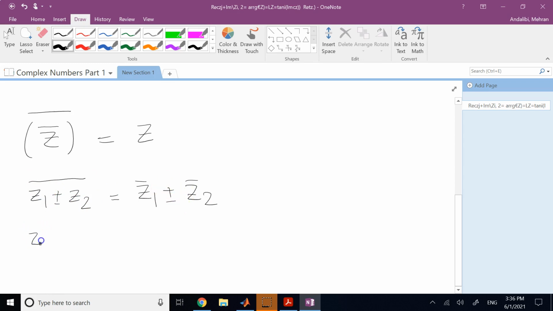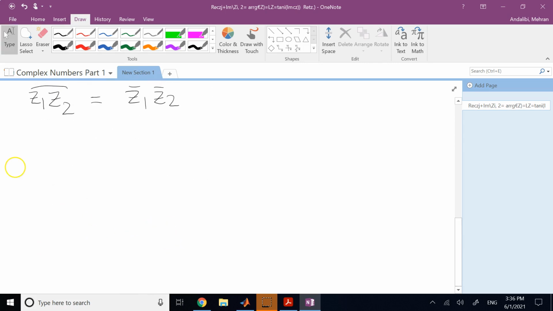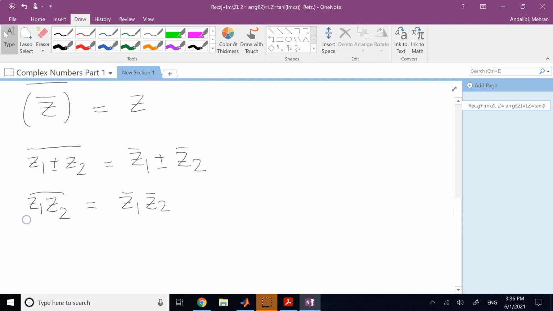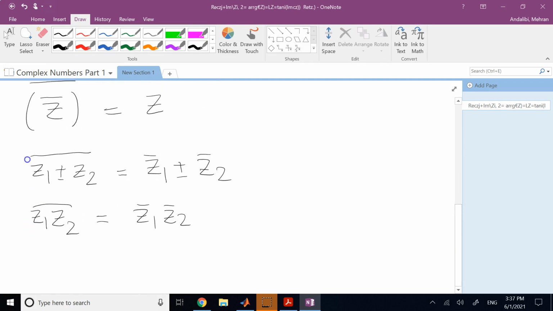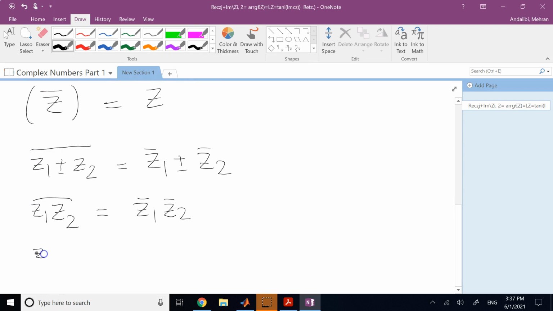The same thing goes for product and division. If I multiply and conjugate the whole thing, it's like the product of the conjugates. And if I divide and conjugate the whole thing, that is like conjugating first and then dividing.